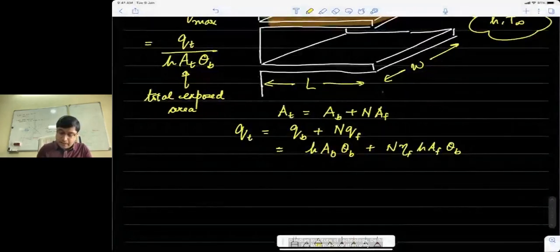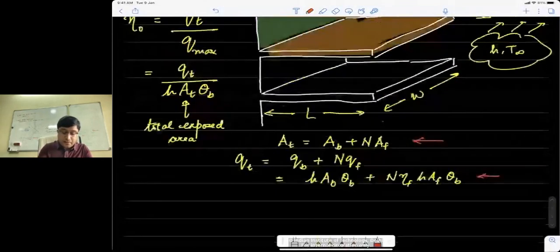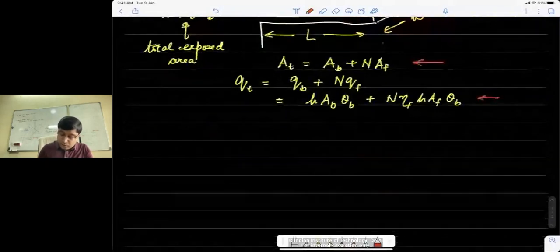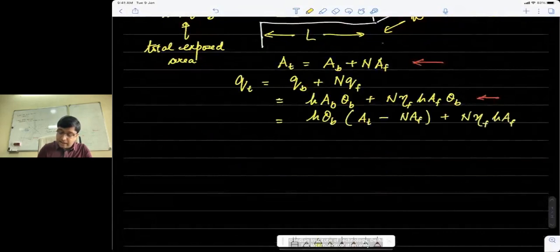So what I'll do is combine these two equations and write a new equation to get eta naught, the surface efficiency. What is typically done is that we can write A_B in terms of A_T and A_F. So I write this as h theta_B, A_B becomes A_T minus N A_F, plus N eta_F h A_F theta_B.